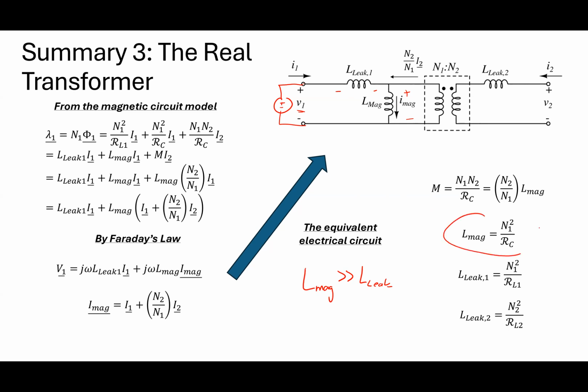So this is our formula for it: the number of turns squared over the reluctance of the core. Ideally, what should that be? What's the property of the material that we wish to be infinite?